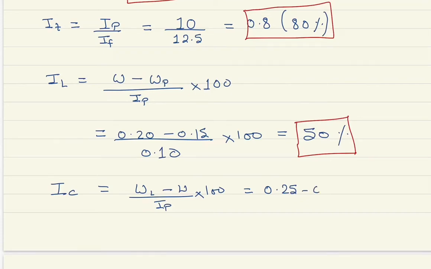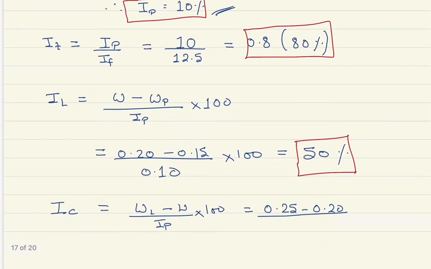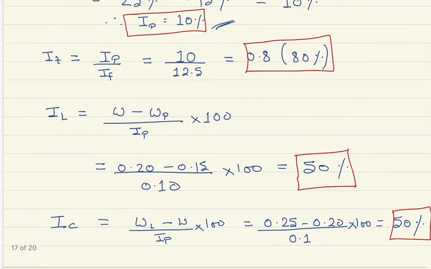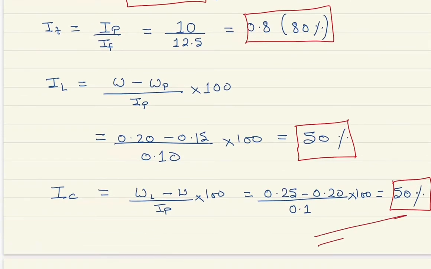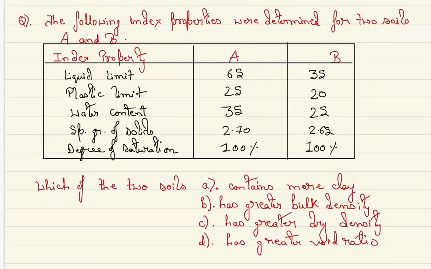What is the value of natural water content? It is 20%, 0.20, divided by IP. What is the value of IP? It is 10%. So it will be equal to 50% again. Let us now see another question.